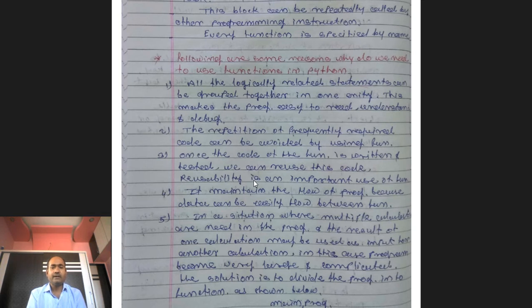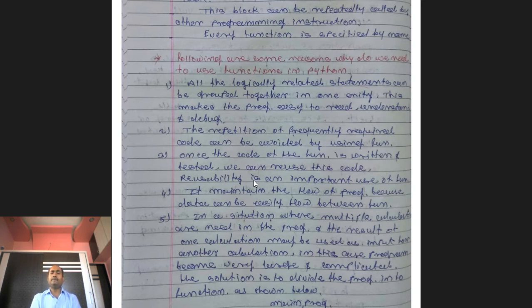Another is a situation where multiple calculations are needed in a program and the result of one calculation may be used as an input for another calculation. In this case the program becomes very large. Suppose some part of the program produces some output, and this output is taken as input by another part. At that time the program complexity increases, the program becomes very large, and the complications in the program also increase.